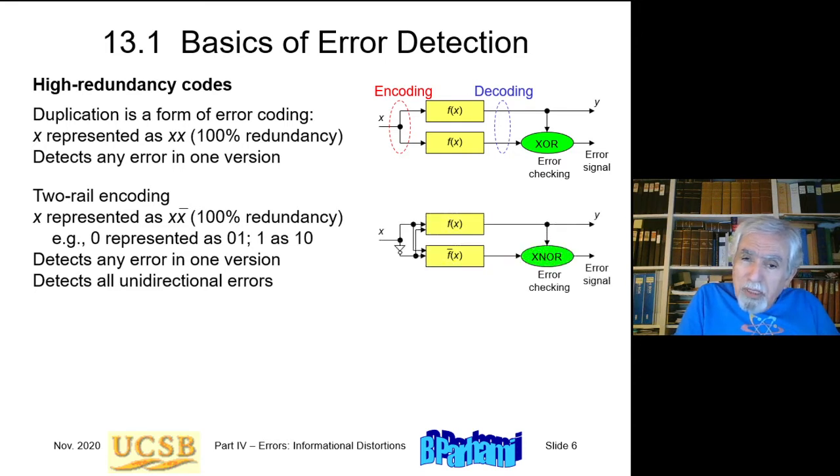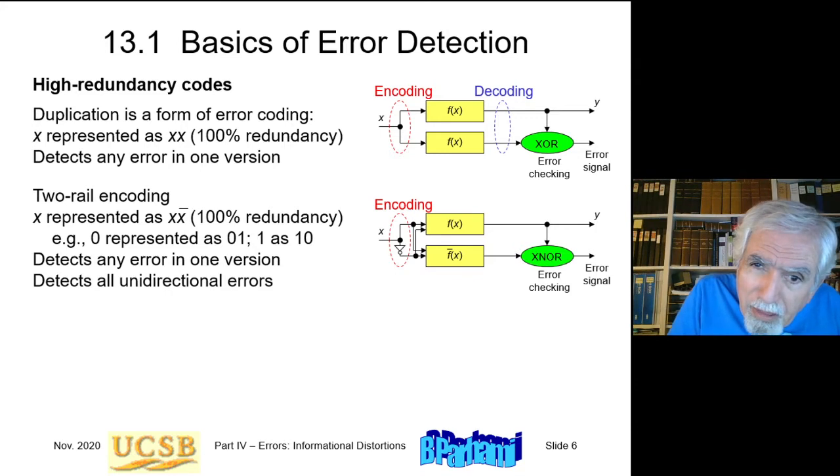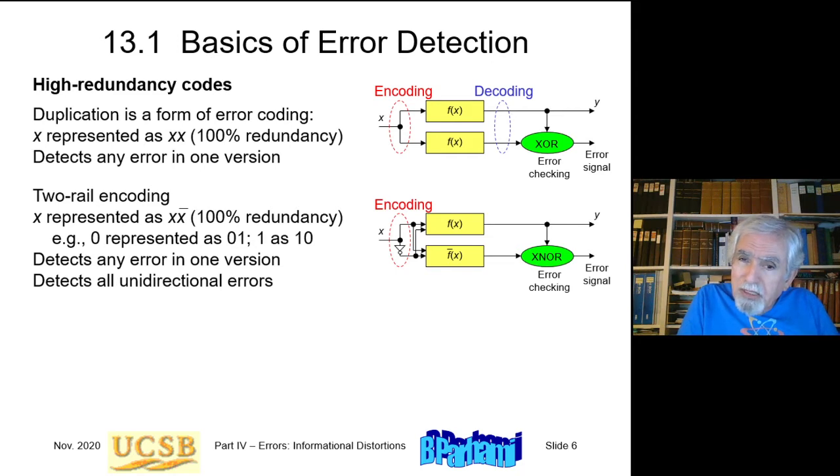So now this is the encoding. It's basically complementing the input X to find a second version. And then the second circuit, instead of computing f of x, computes f bar of x, the complement of the function.